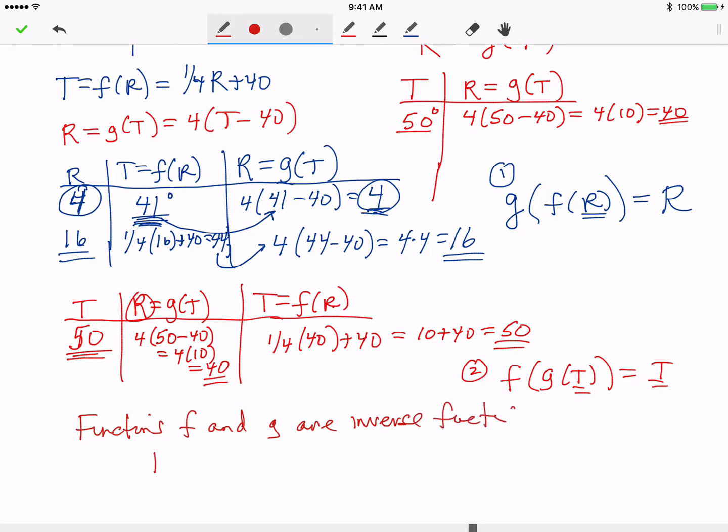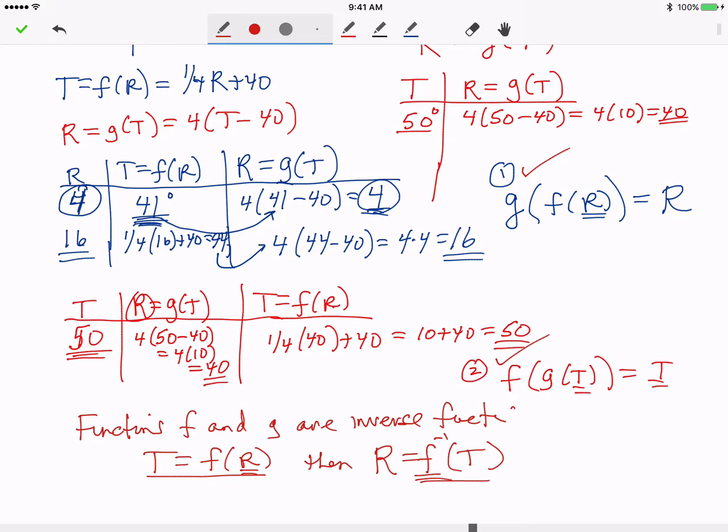If we're assuming that f is the formula that predicts the temperature from the chirp rate, then if we know that functions are inverses, they satisfy these two formulas right here, and we'll say that the formula r, which was a function of t, we'll call f with this little -1. This denotes that r is the inverse function of f.